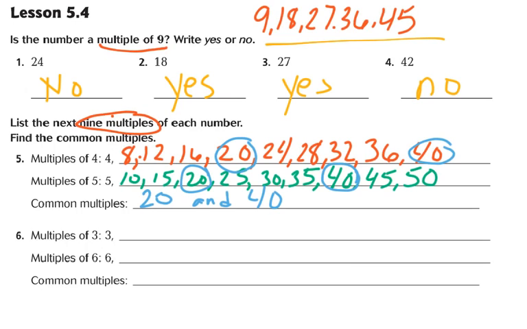Same thing for the next one. 3, 6, 9, 12, 15, 18, 21, 24, 27, 30.